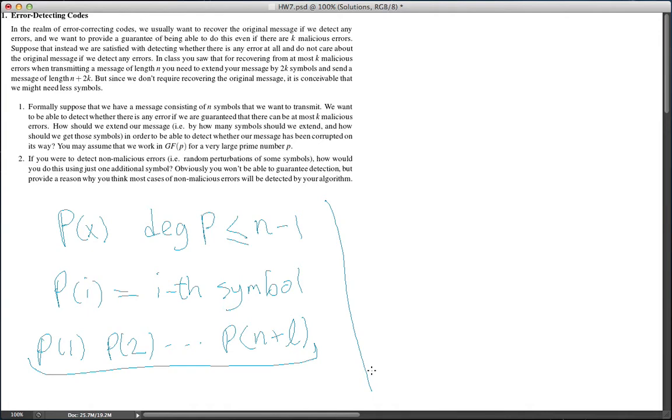When are we able to detect errors and when are we not? Okay, so first of all, note that if L is less than or equal to k minus 1, then in that case we are sending n symbols here, and then we also have at most k minus 1 extra symbols here.